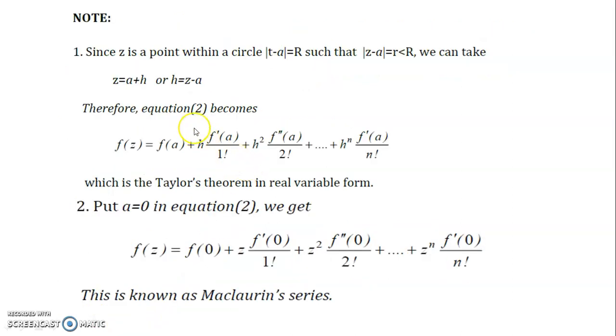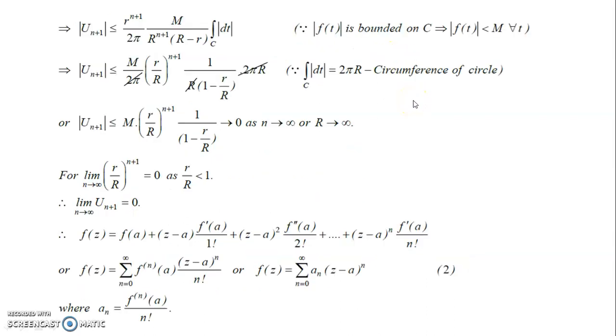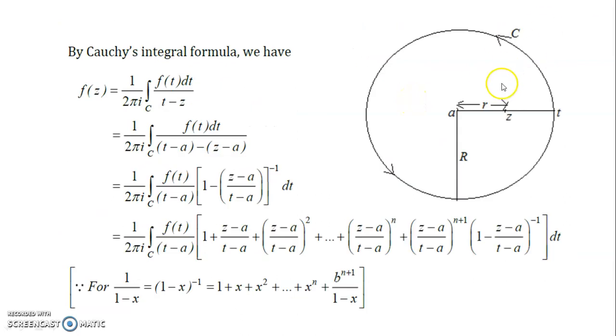And you can make a note on this here. Since z is a point within the circle, where the equation of the circle is modulus of t minus a equal to capital R, the big circle, such that modulus of z minus a equals small r, which is the small circle here. This point B is any point on this circle.